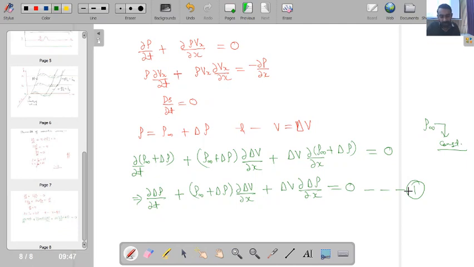Similarly, I can do substitutions in the momentum equation. If I do substitutions in the momentum equation, what will I get?